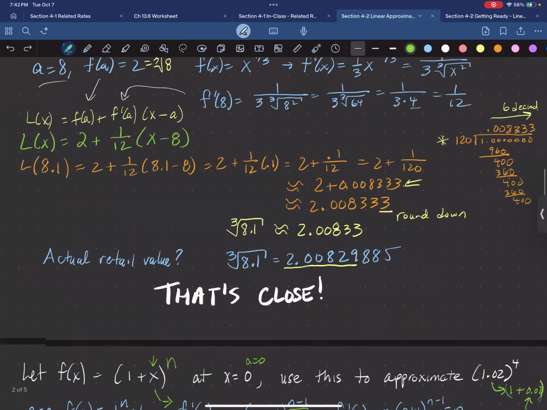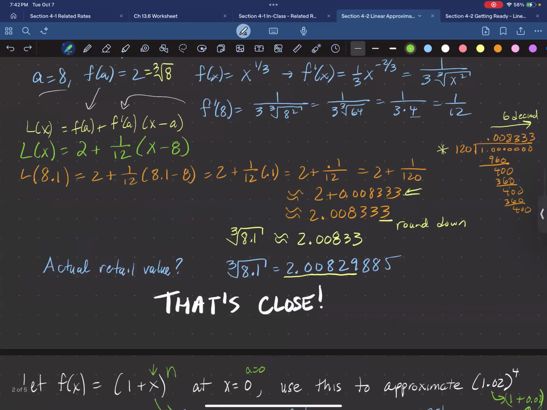Let's try another one. We're going to do f of x is 1 plus x to the nth power. I guess that arrow doesn't need to be there yet. I should probably have that in white. And we're going to check that out at x equals 0.